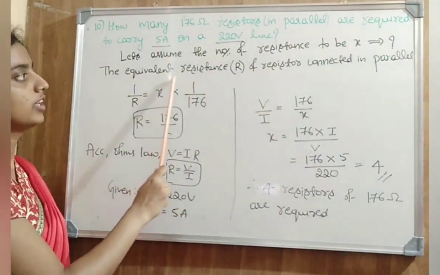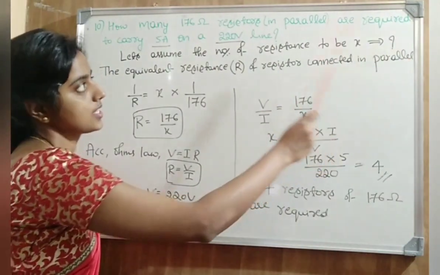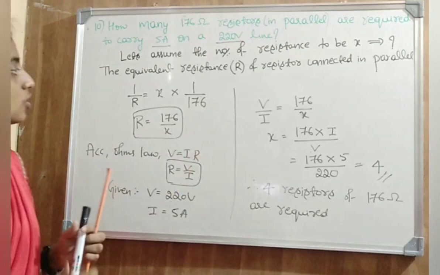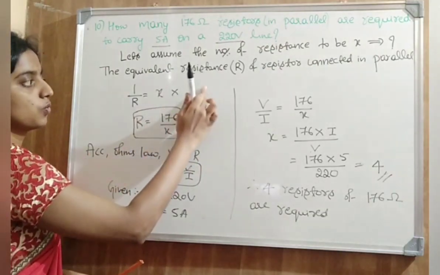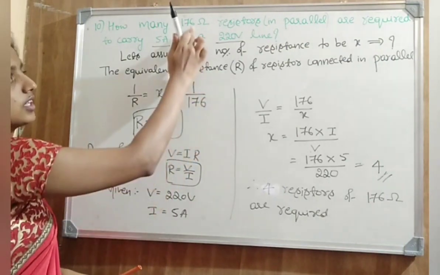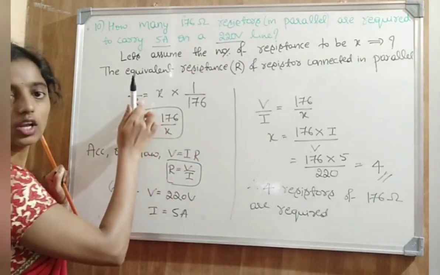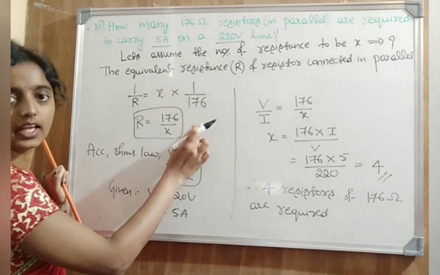And the equivalent resistance R of the resistors connected in parallel, as said in the question. So the equation can be written as 1 by R is equal to X into 1 divided by 176. 176 is the resistance which they have given. So the reciprocal of this, R, will become 176 by X.